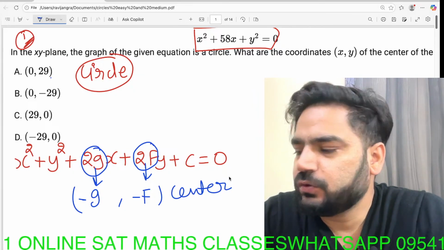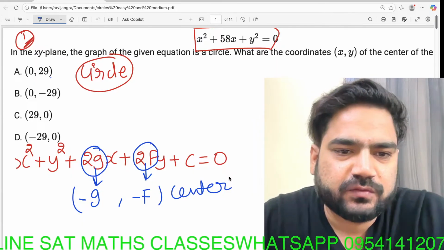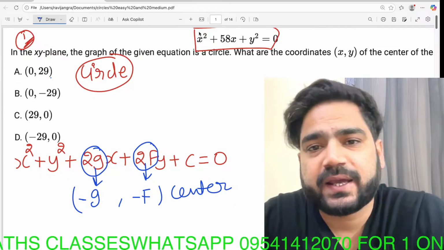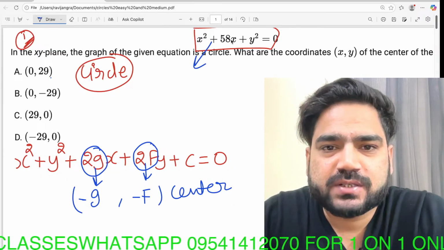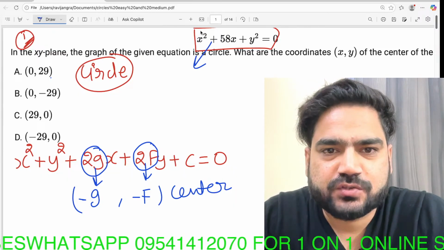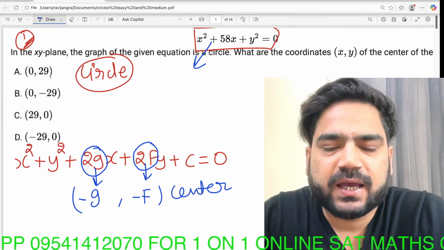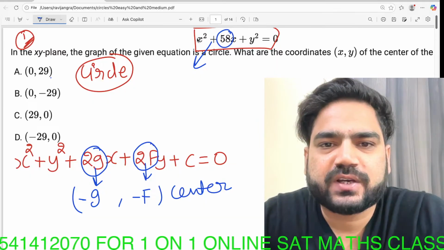Now if you look at this question, the center will be minus g and minus f, so a similar concept you have to apply in the given question also. You can see in the given question we have x square and y square, and both their coefficients are 1. Perfect. Now what is the coefficient of x? That is 58.